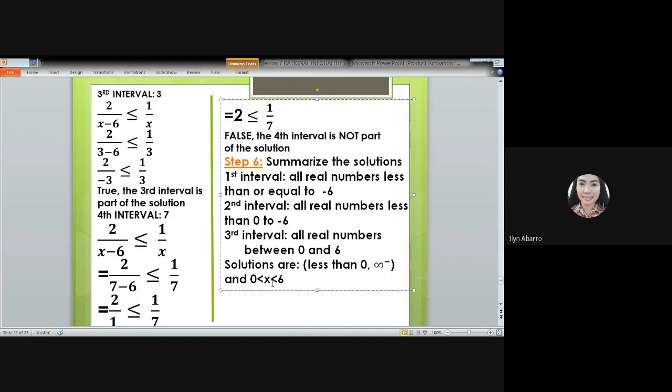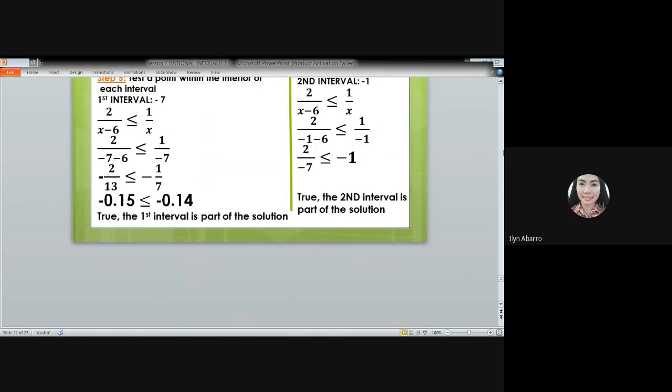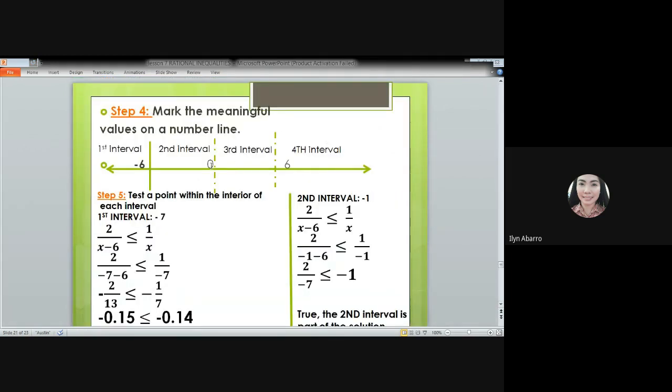Ito yun. And then, less than 0 to negative infinity. Yung first and second interval. Ito yung nasa interval notation. And sa set builder, ito. Greater than 0 but less than positive 6.